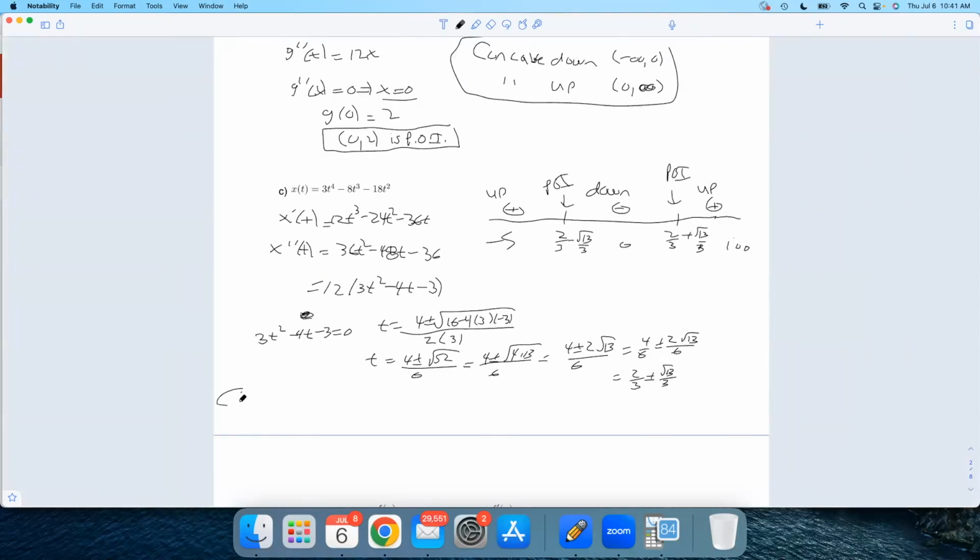So we're concave up on negative infinity to 2/3 minus root 13 over 3, union this chunk over here, 2/3 plus root 13 over 3 to positive infinity, and concave down in between them.